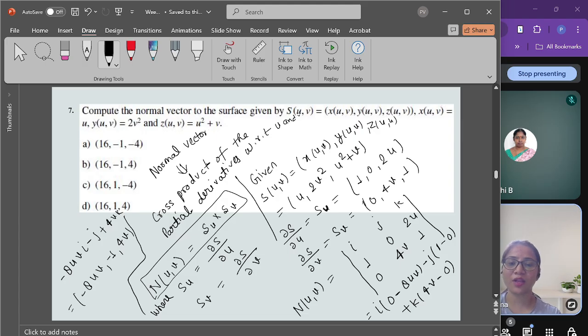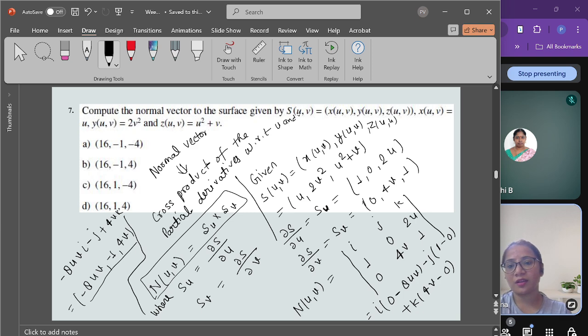We have got the basic equation for the normal vector. In some questions they will give the u, v values, like you have to take u is equal to 1, v is equal to 2, something like that, and then match with the answer.